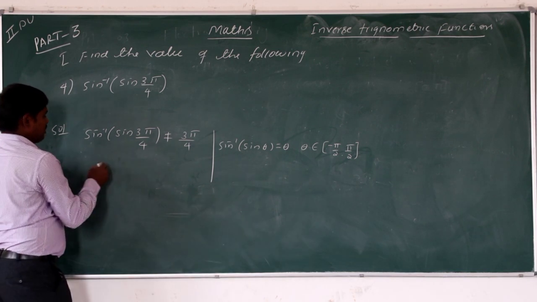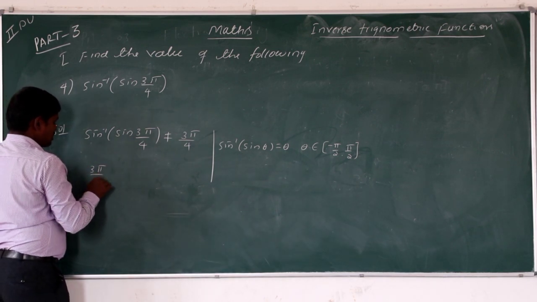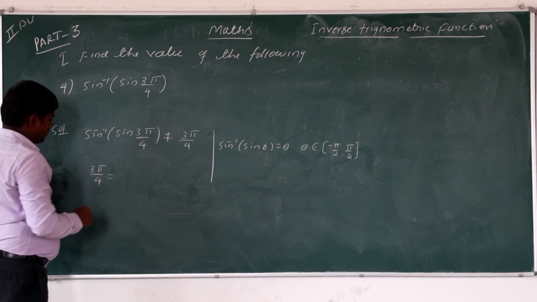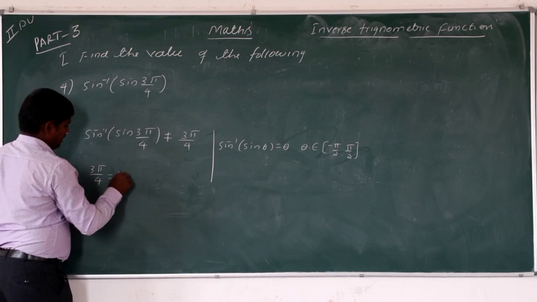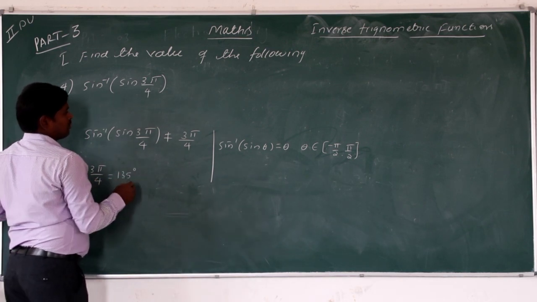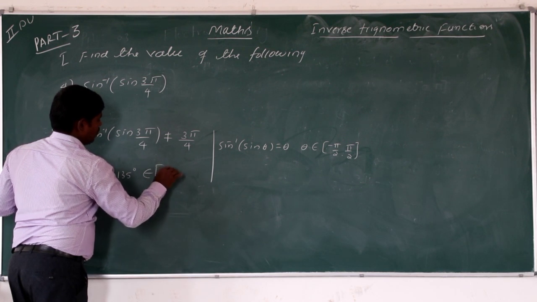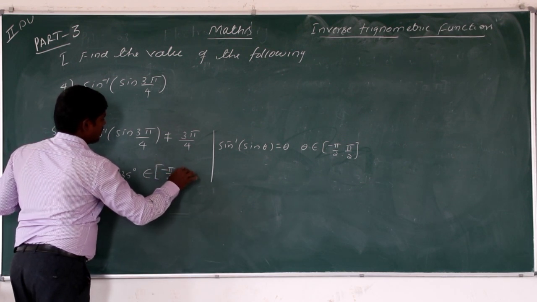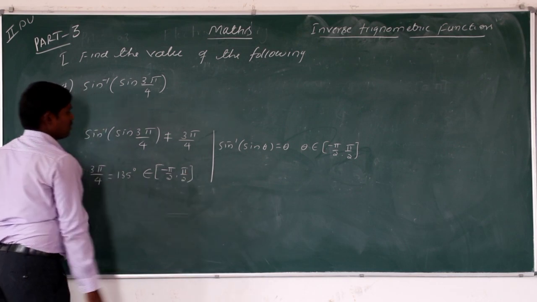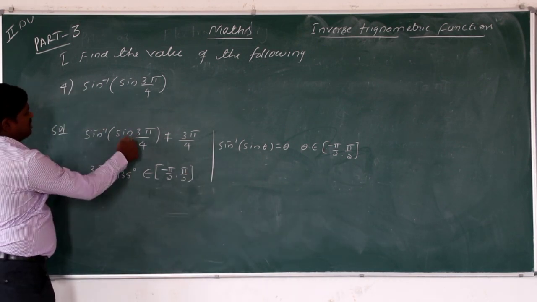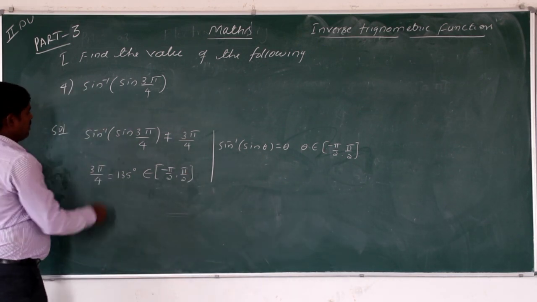Because 3 pi by 4 is nothing but 135 degrees, which does not belong to the interval minus pi by 2 to plus pi by 2. Therefore we change 3 pi by 4 to the other quadrant.